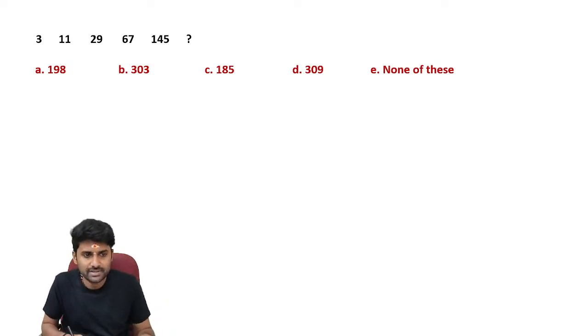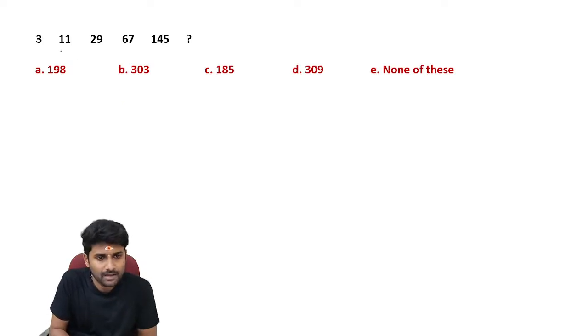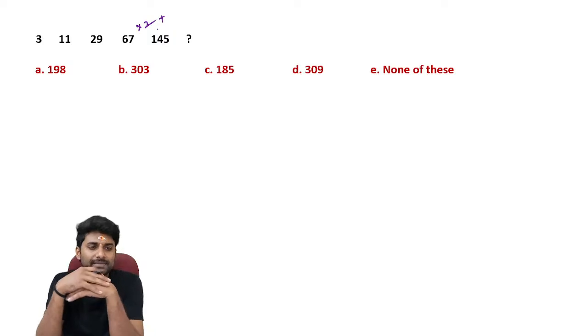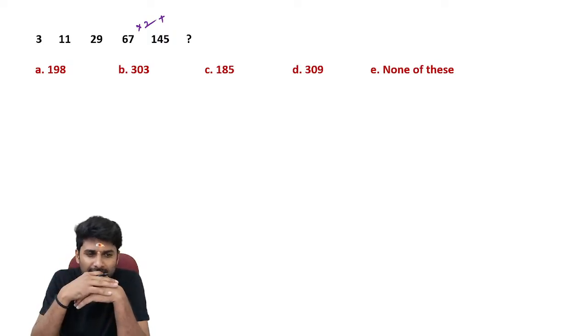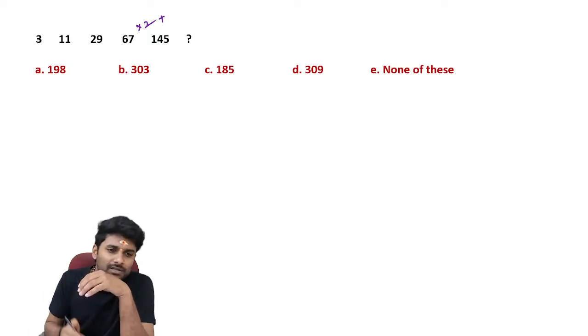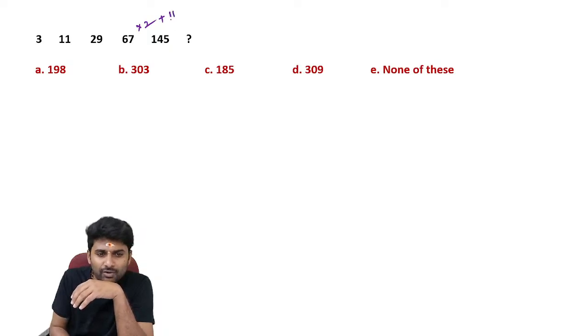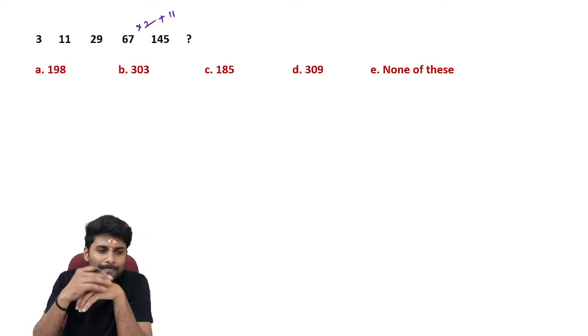Now see this question here, 3, 11. See again, if 67 is multiplied by 2, for example, 67 doubled is 134. So 134 becomes 145, we have to add 11 units.